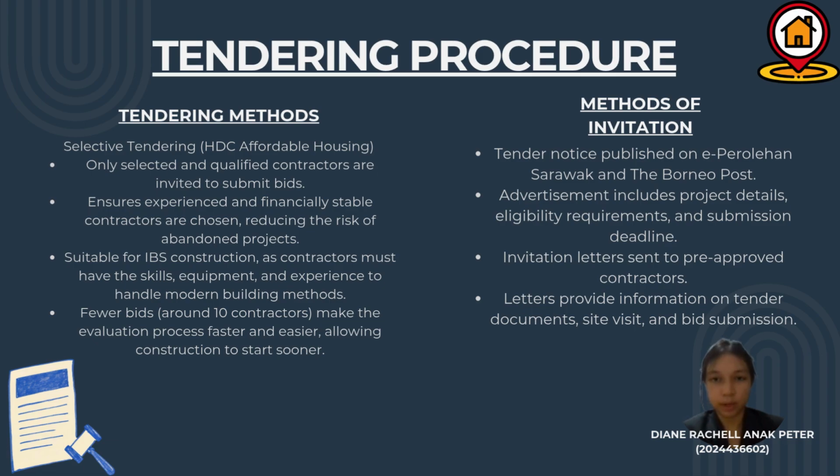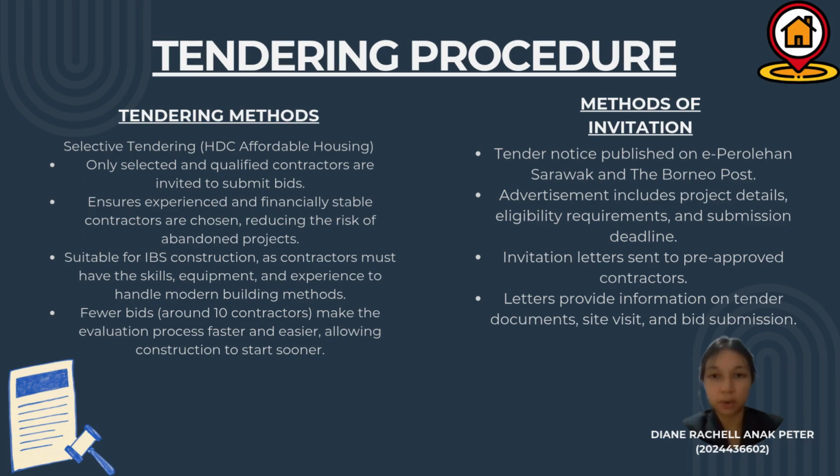Moving on to our tendering procedure. We have divided this into two parts: tendering methods and methods of invitation. First, for tendering methods, we highly recommend selective tendering for this HDC affordable housing project. Instead of opening it up to anyone, we will only invite qualified contractors.